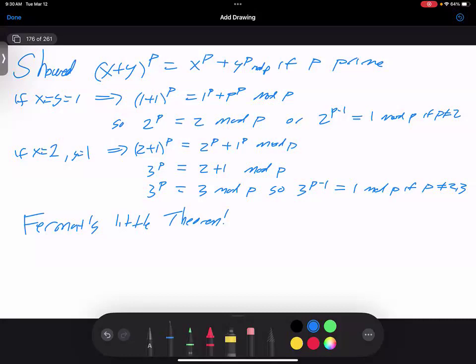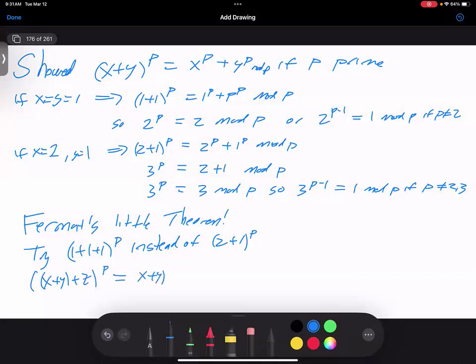Now, you could try to do 1 plus 1 plus 1 to the p instead of 2 plus 1 to the p. That's perfectly fine, right? As a hint, one way to do this is if I give you x plus y plus z to the p, do we agree that this is just x to the p plus y to the p plus z to the p mod p?